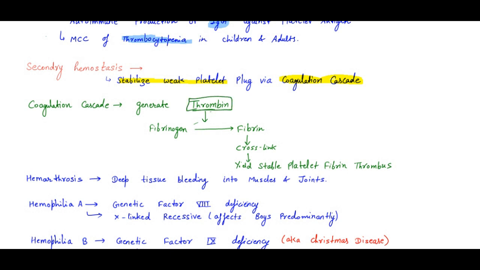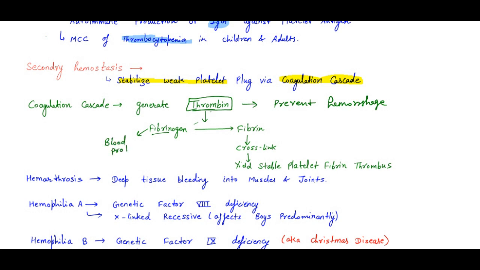So what is thrombin? It prevents hemorrhage. If we have a deficiency of thrombin, it will lead to hemorrhage. Now what does thrombin do? Thrombin acts on fibrinogen. Fibrinogen is our blood protein.